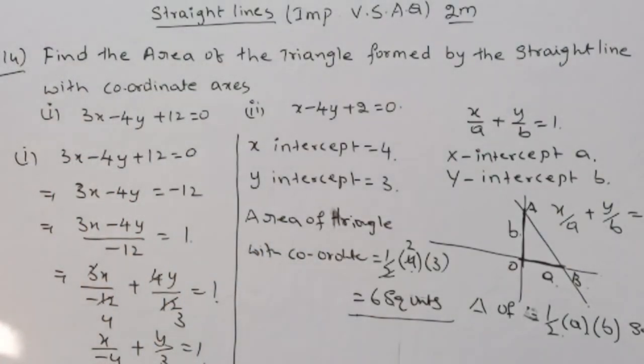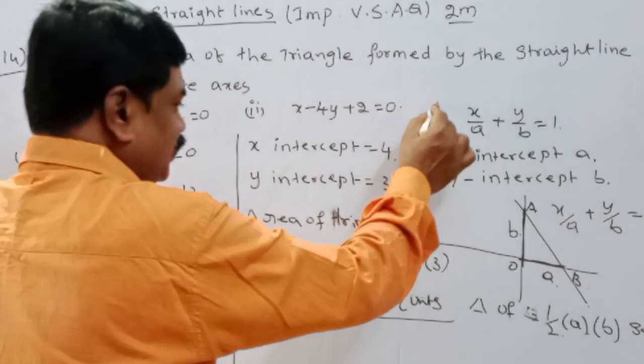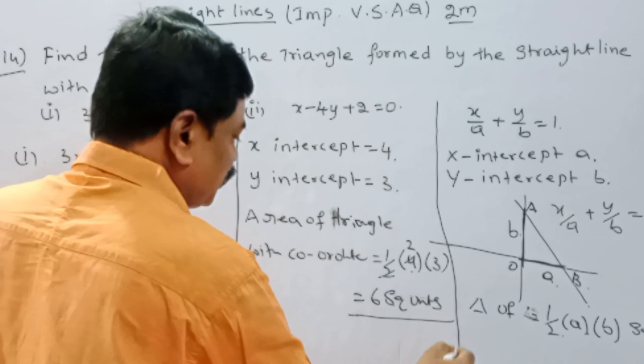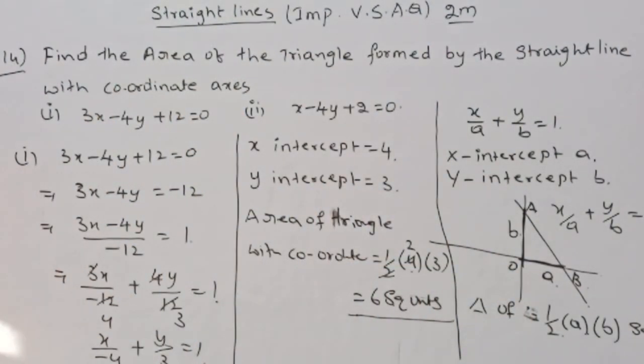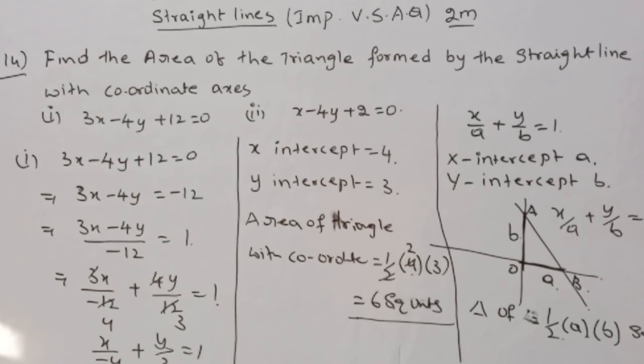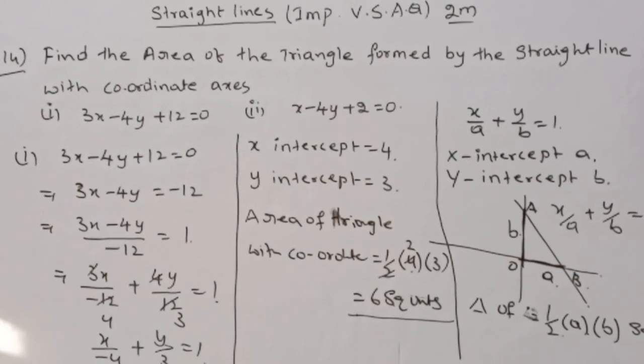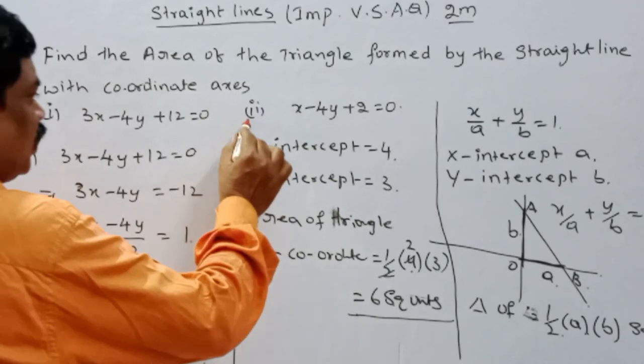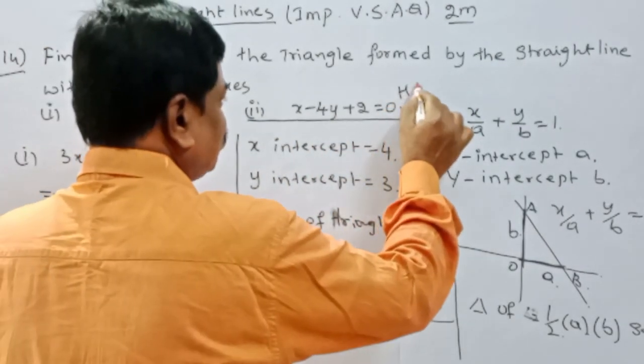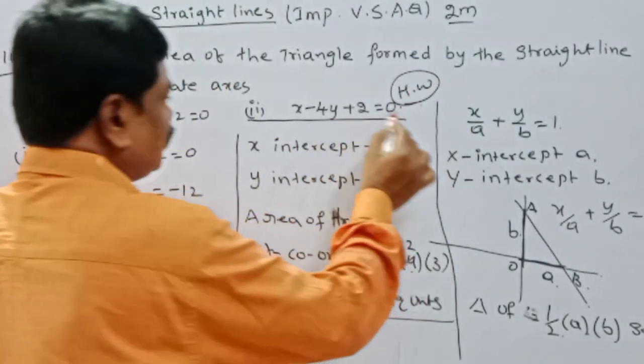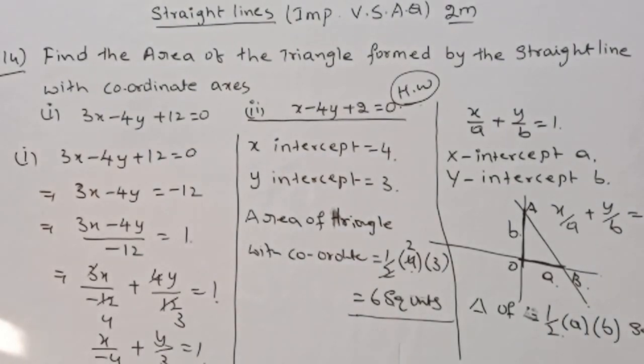Okay, all of you? That's all. This is how we find the area of the triangle with the coordinate axes. Similarly, you can do the second problem yourself.